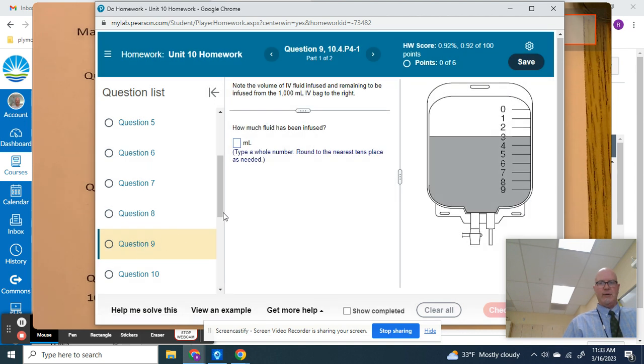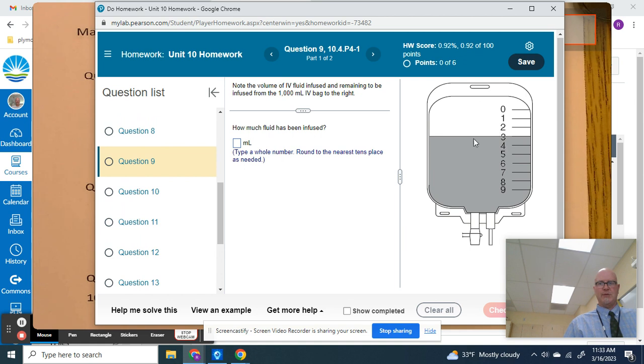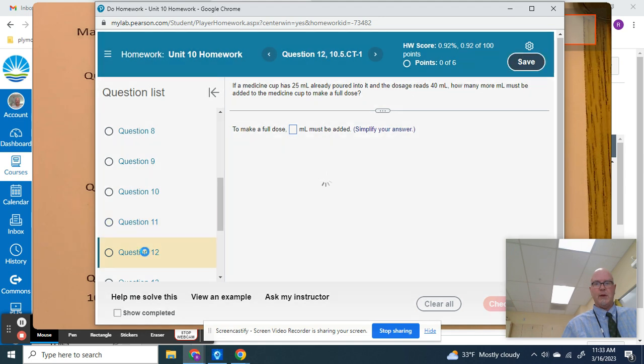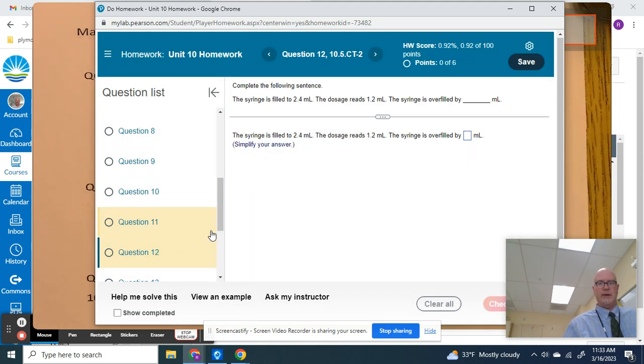Question 9 and down to 10 is something about an IV bag, how much fluid has been infused, etc. Remember, you have the options of viewing an example, getting more help, me solve this. Question number 11 throughout talks about something that came up yesterday about a full dose, what was left over. Question 12 also talks about some other things like that.